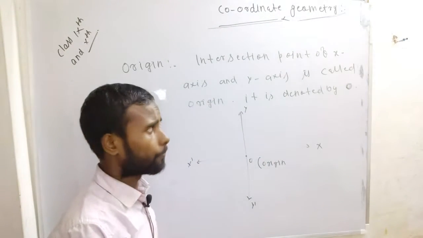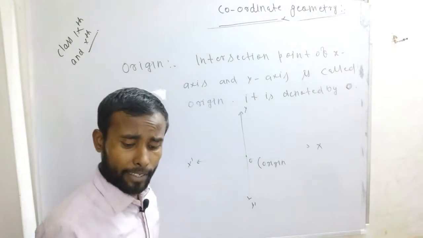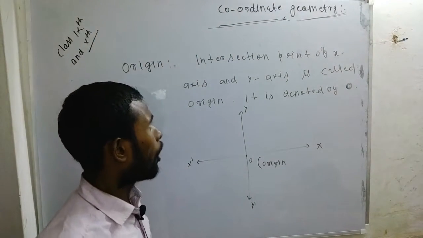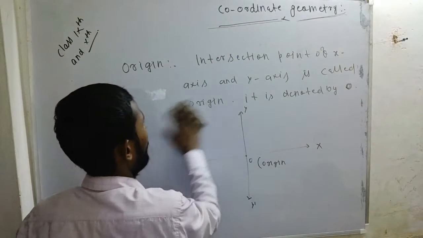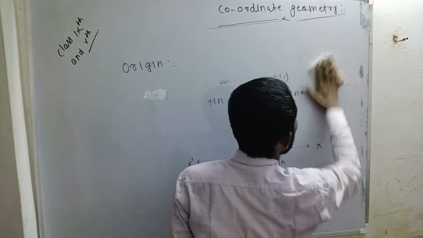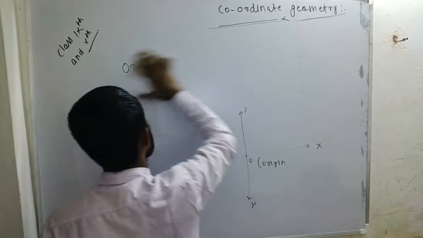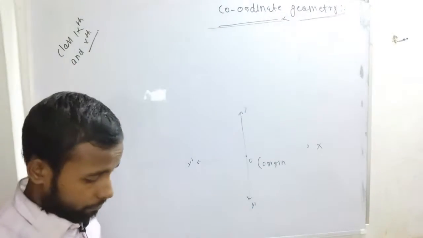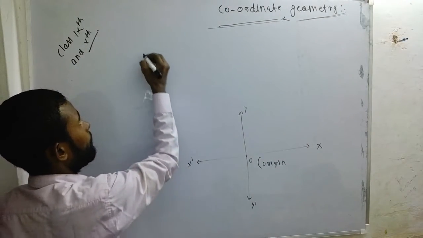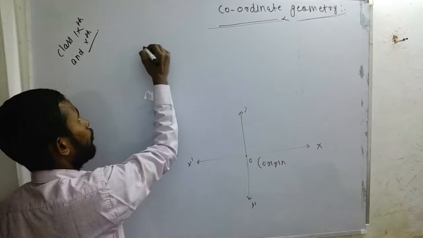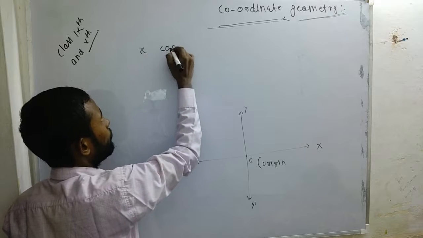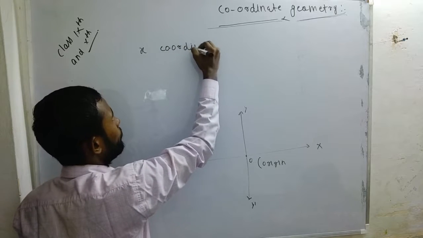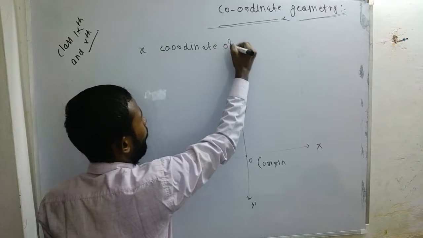Now we define coordinate of a point, or firstly we define x coordinate of a point.